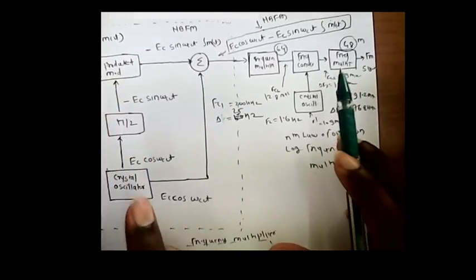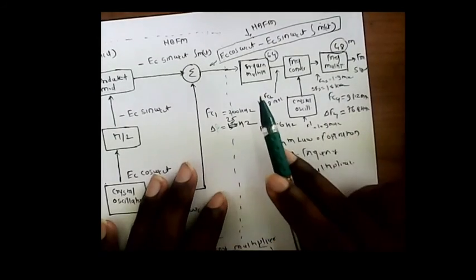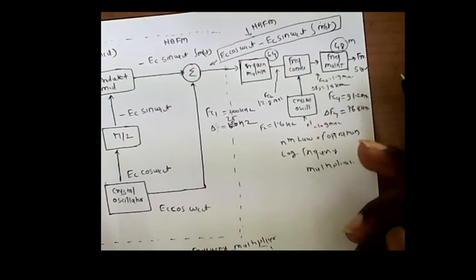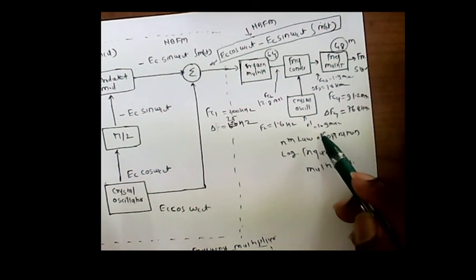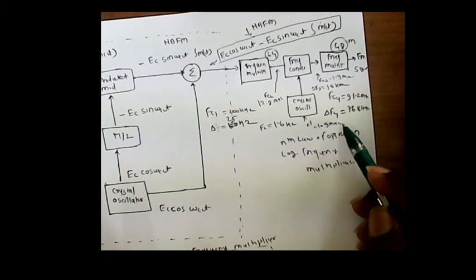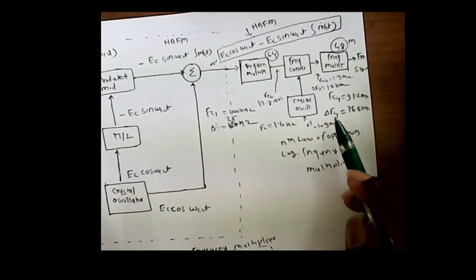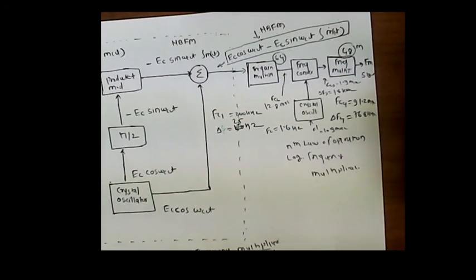So this conversion takes place, and to give the output from f c1 to f c4, we can apply two multipliers and one crystal oscillator. The crystal oscillator frequency is 10.9 MHz, which gives the output of 90.2 MHz. These equations are very important at the time of frequency generation by the indirect method of Armstrong.